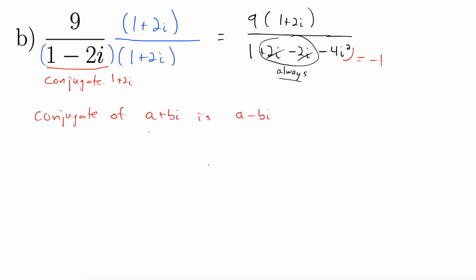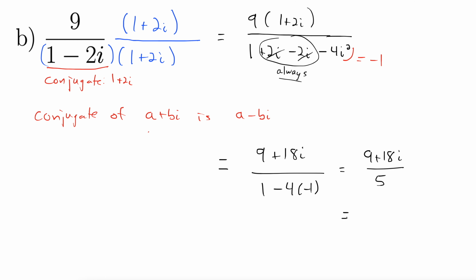Okay, so let's clean this up. I'm going to go down below with it here. On the top, we now have 9 plus 18i. And in the bottom here, we have 1. The 2i's canceled out. Minus 4 times negative 1. So 9 plus 18i over 1 now plus 4 is 5.